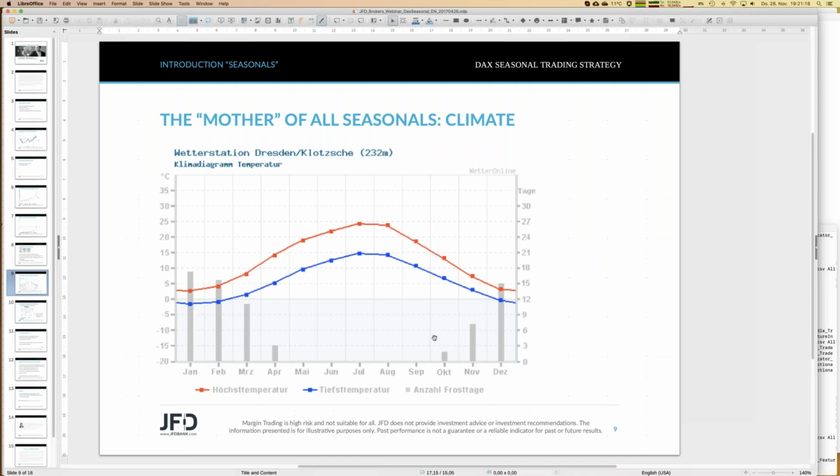Okay, that's a seasonal. Definitely, and there's no question, and we all know that. In summer we have the highest temperatures, in winter we have the lowest temperatures. Good, I know everybody would agree and would say, hey, and what does it mean for trading?